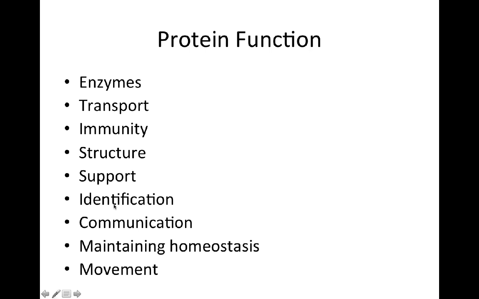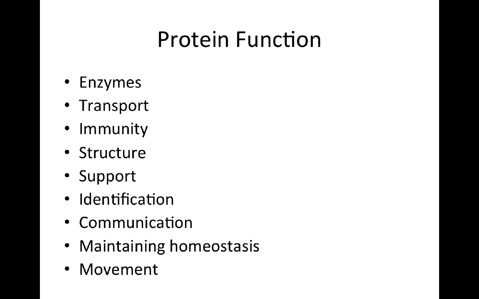It can be an identification marker, so there can be proteins on the surface that say, hey, I'm this kind of protein. It can also act in communication, so receptors can respond to hormones such that your body can then react. All of this is related to homeostasis, just meaning balance.